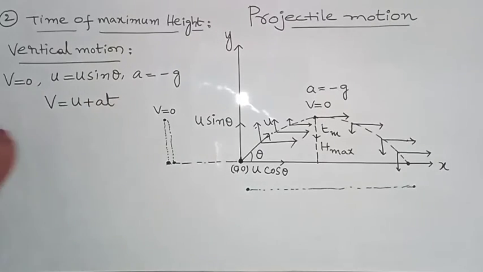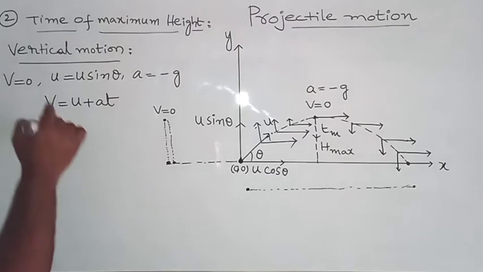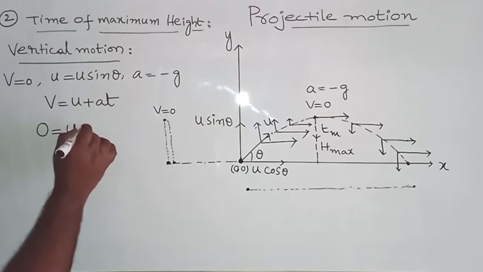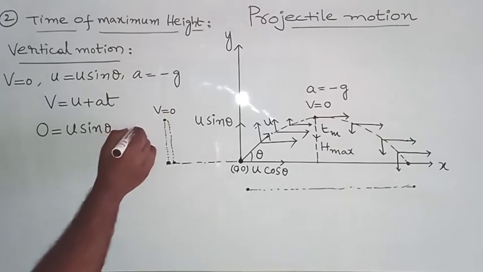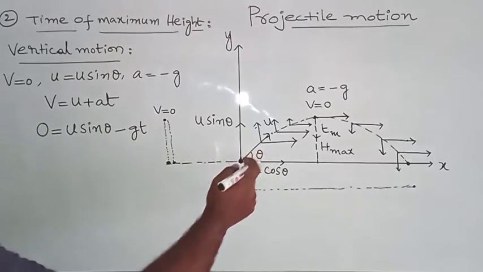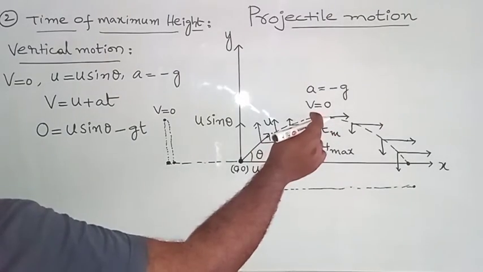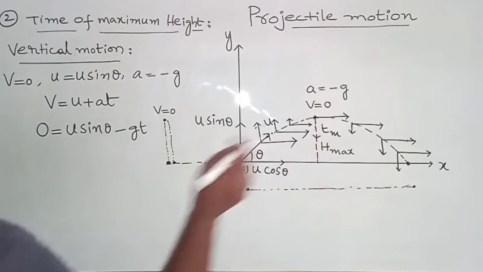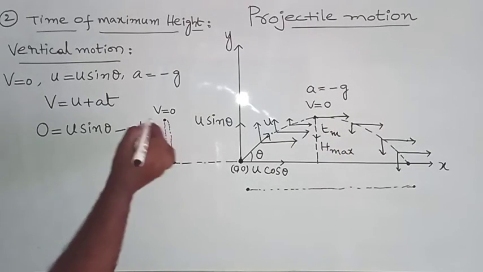And you substitute these values in this, what can you get? V is 0, U is u sin theta, A is minus G, into T is the time of maximum height. The time taken by the particle to reach the maximum height from the origin is called the time of maximum height, Tm.